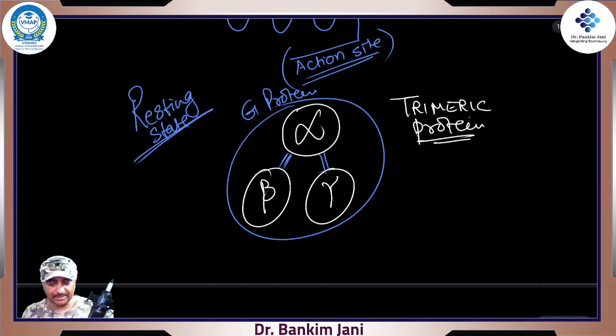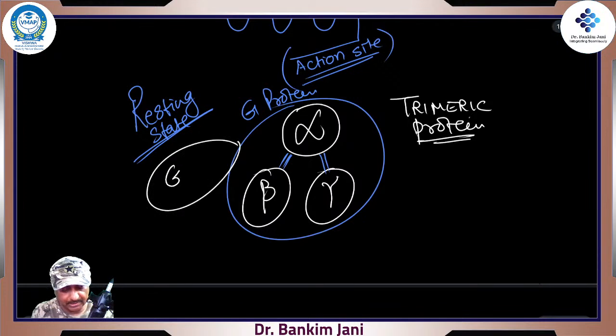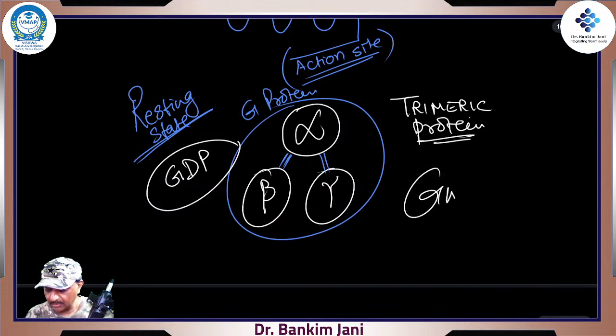Now in the resting state, this protein is in association with what is attached to it. This is important. What is attached to it is GDP, guanosine diphosphate.